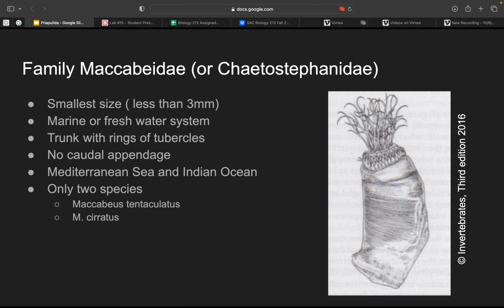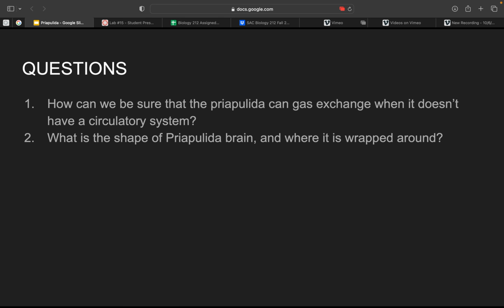They are marine and freshwater, living in marine and freshwater systems. They have trunk rings or tubercles. They have no caudal appendage. They live in the Mediterranean Sea and Indian Ocean. They have only two species.